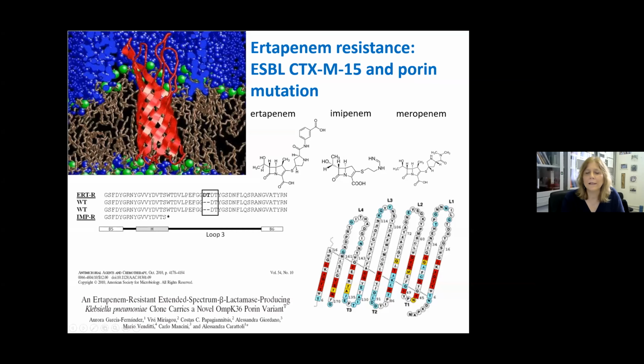This is the porin that allows the entrance of the beta-lactams in gram-negatives. It's an important protein that is in the outer membrane. And this was the duplication of 2 amino acids in one of the most conserved loops, comparing sequences of all bacteria. At the time, we didn't understand exactly the role of this duplication.